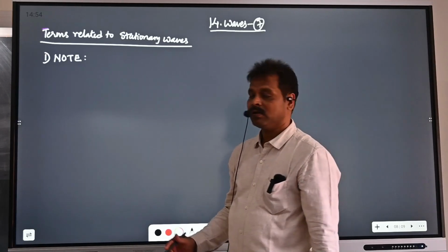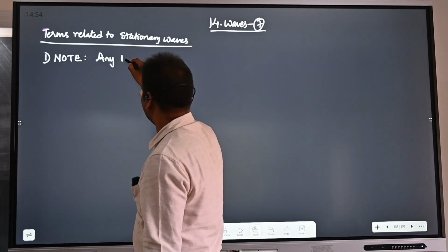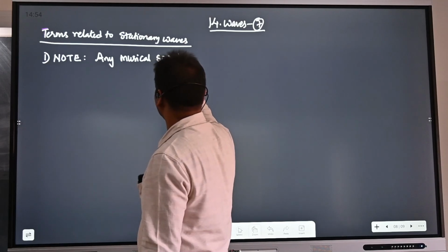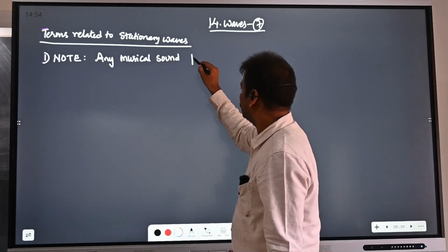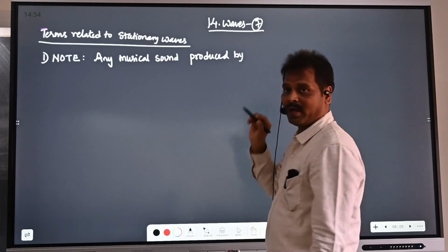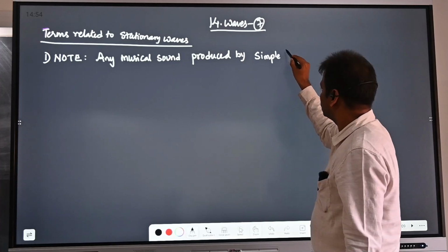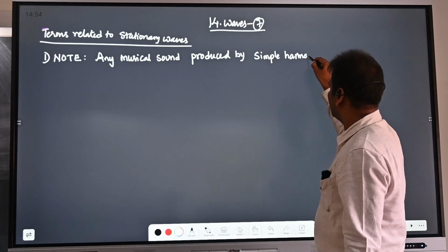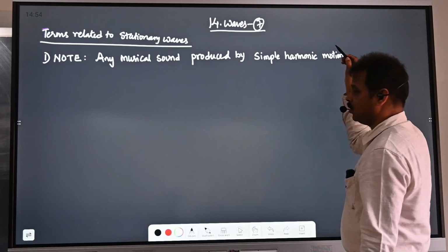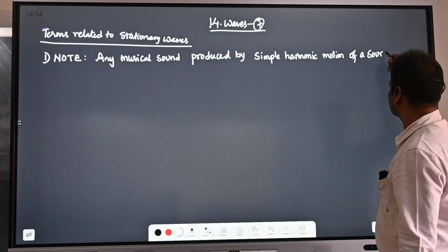A note is any musical sound produced by simple harmonic motion of a source.